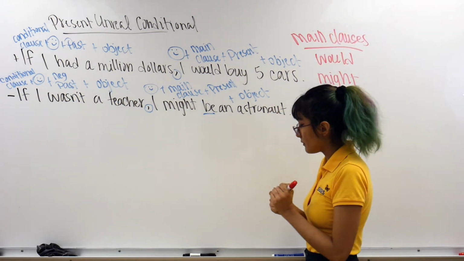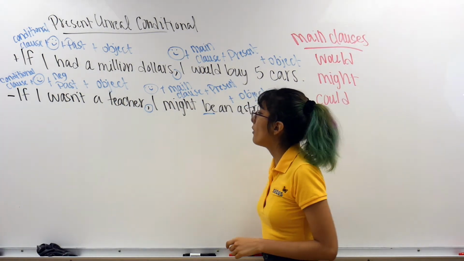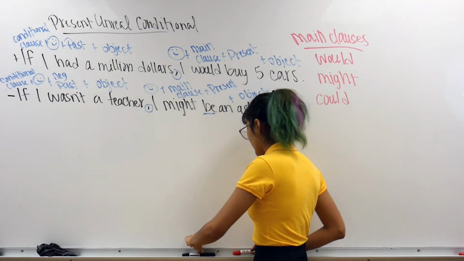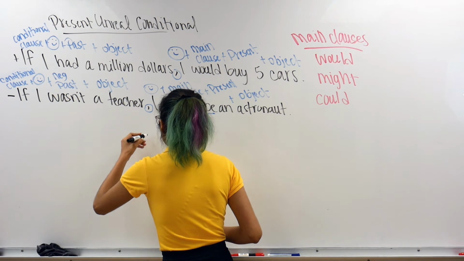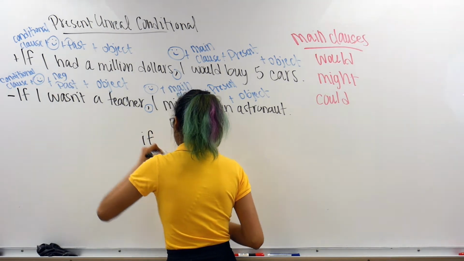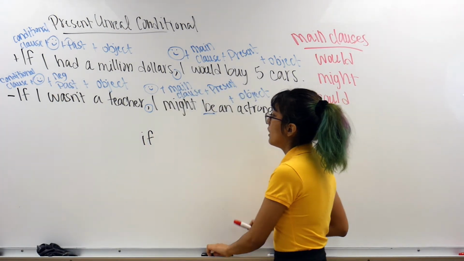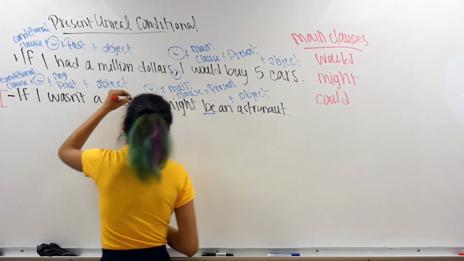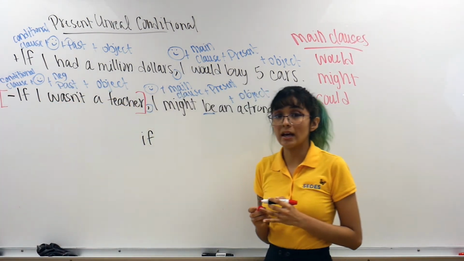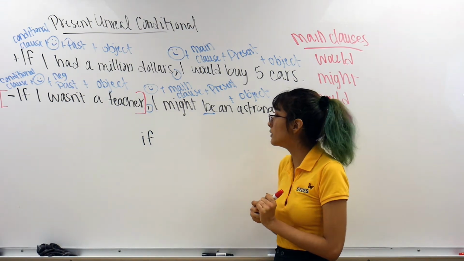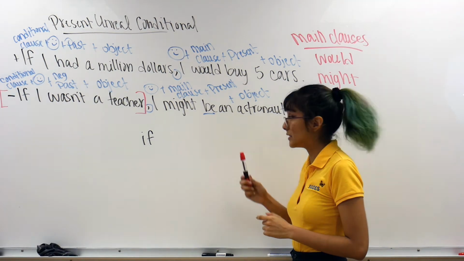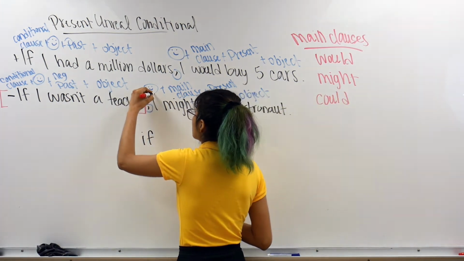Now, if I wanted to put if in the middle, where my comma is, I just have to remember that this clause always stays together. The same thing with this clause. This clause stays together. It does not change.